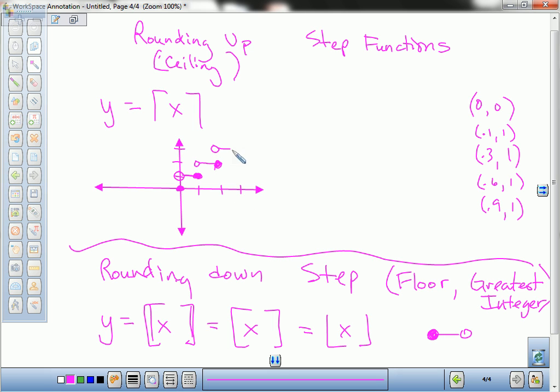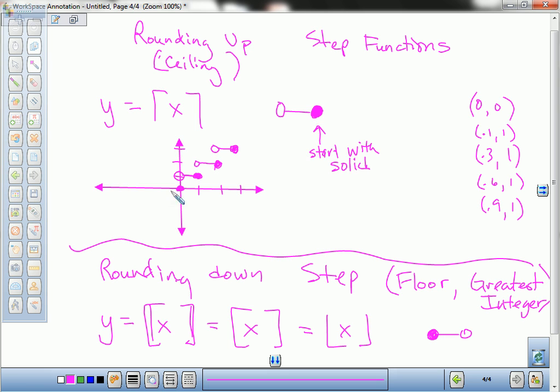Okay? So do you notice our barbell looks backwards? It does. A barbell looks like this. Okay, but we always start with this part of the barbell. You start with the solid.